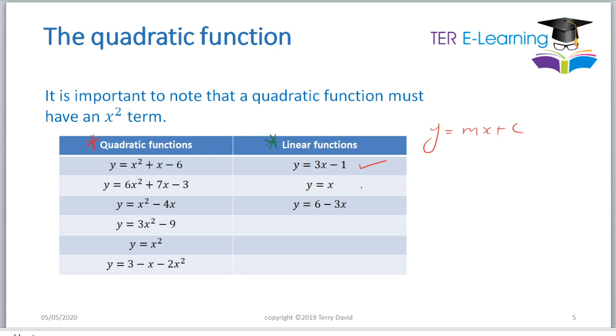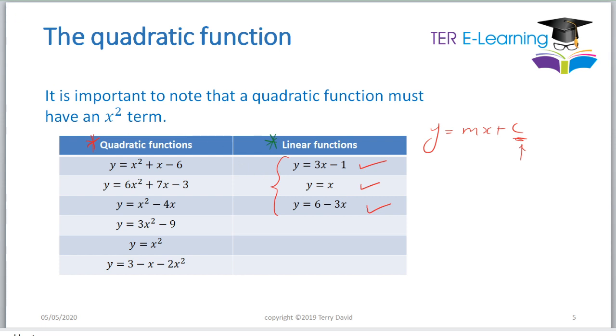This here, y is equal to x, is also a linear function. In this particular case, we do not have a constant. In maths, when we talk about a constant, we're talking about a number. If we have something like y equals 6 minus 3x, this is also a linear function, in which case m is minus 3 and c is plus 6. So all of these are linear functions.